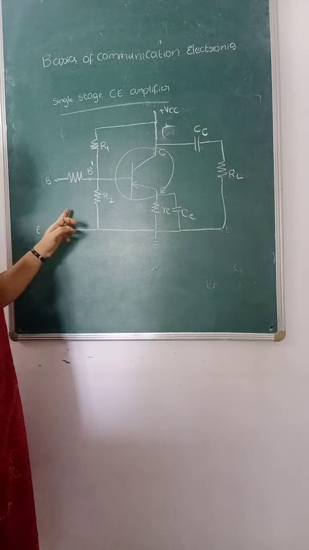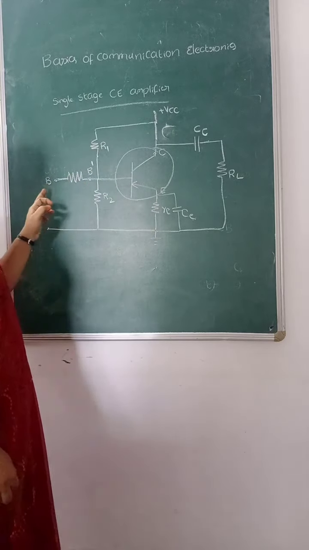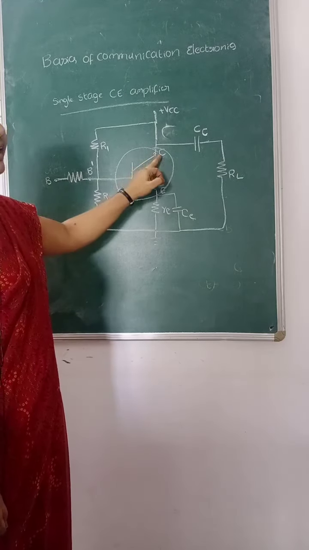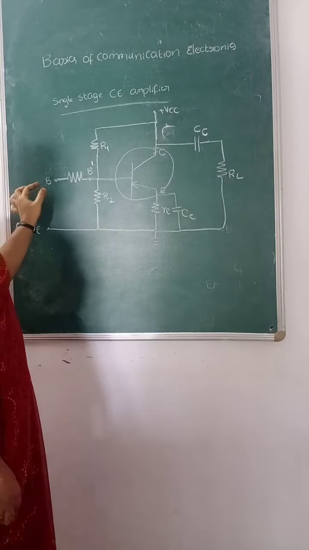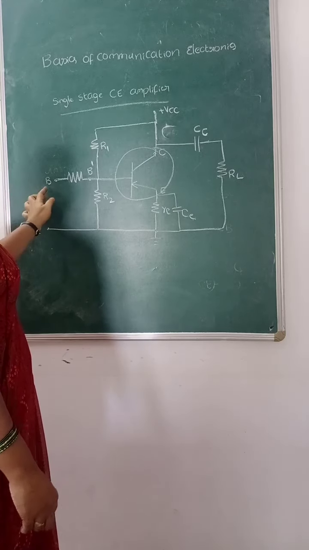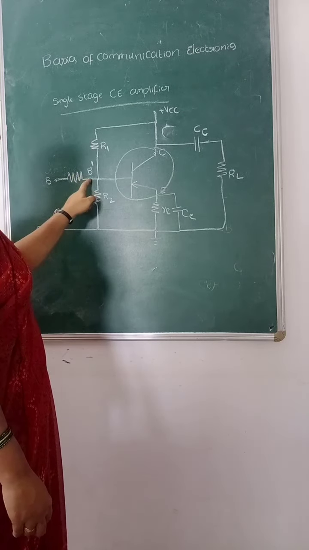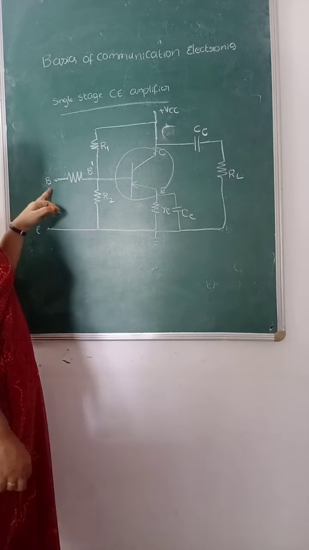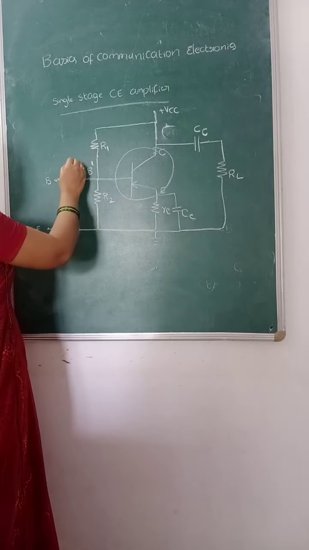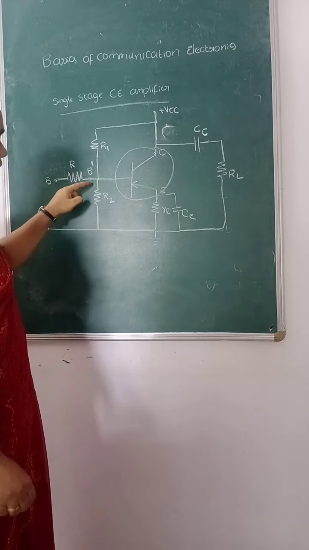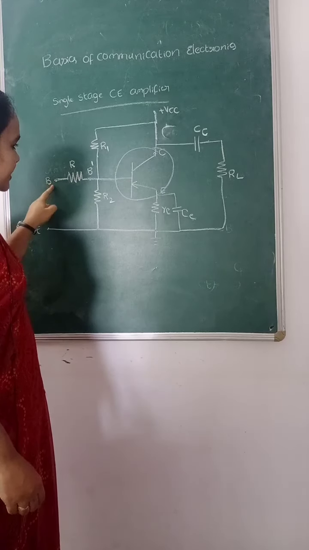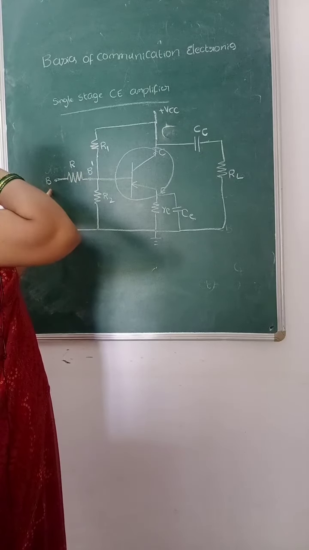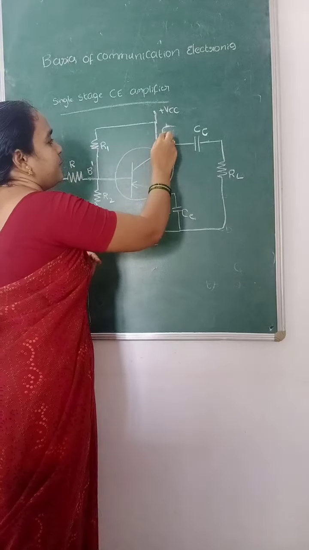In a single stage common emitter amplifier we have the base, emitter, and collector terminals, and we also have the internal terminal called the internal base terminal, B dash. The base terminal is connected through the resistance R, R2 is connected between base and emitter, and R1 is connected between the base terminal and the collector terminal.